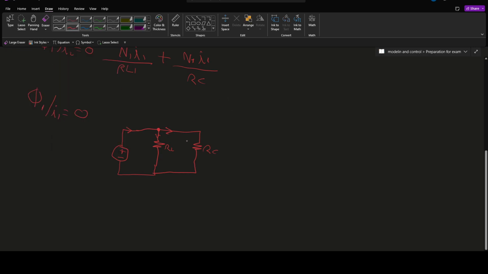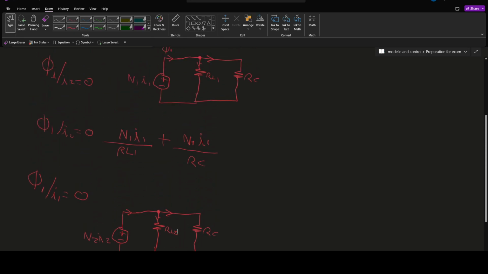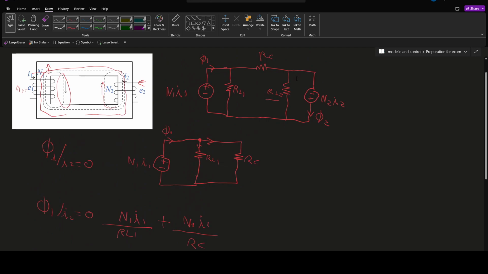So now the source is N2 I2, and we know that the leakage flux is with respect to this one. And we don't have RL1 because there is no current here, so we don't have a flux leakage here.